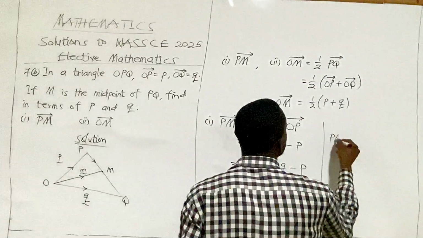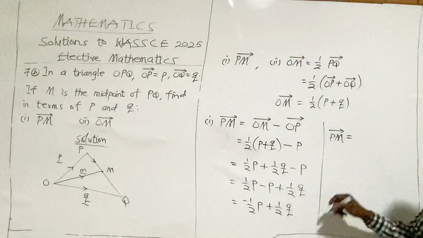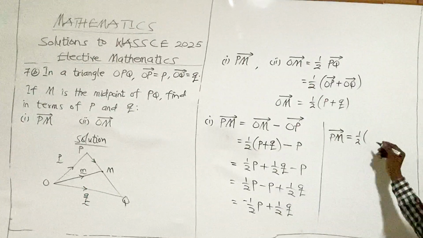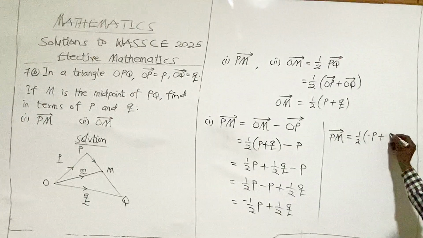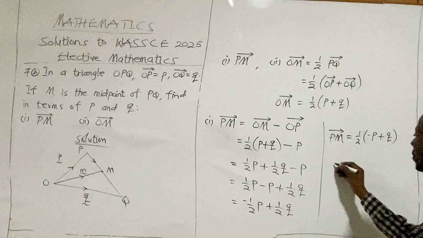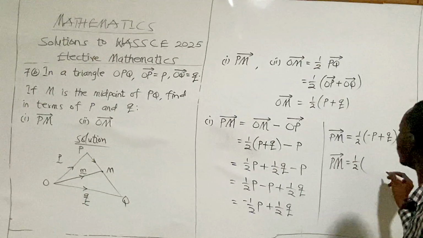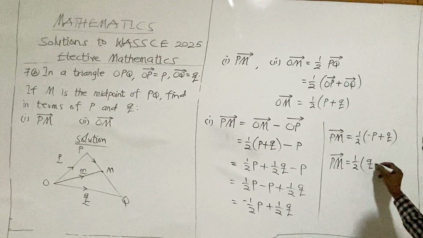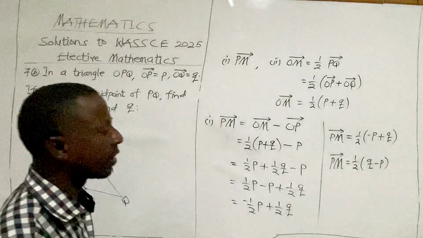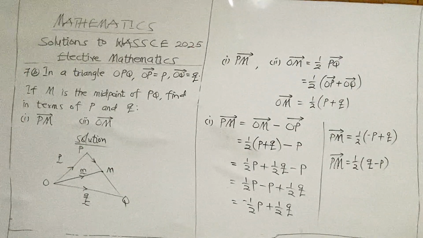So PM is equal to half, in a big bracket, left with minus p plus q, and this is the same as half into bracket q minus p. And this will be the final answer for question 7b.